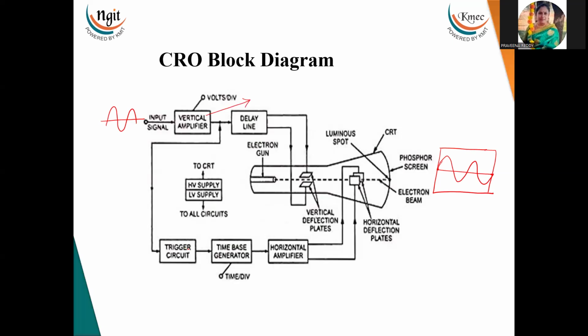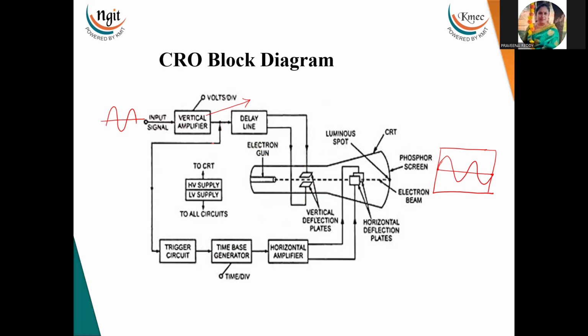So how much time it requires to reach the horizontal deflection plates needs to be calculated, and that is provided in the vertical section, to apply the signal to the vertical and horizontal deflection plates at the same time. So for that, this delay line is needed. After the amplification, the signal is applied to the delay line, which keeps the signal for some time, and after the delay, it is applied to the vertical deflecting plates.